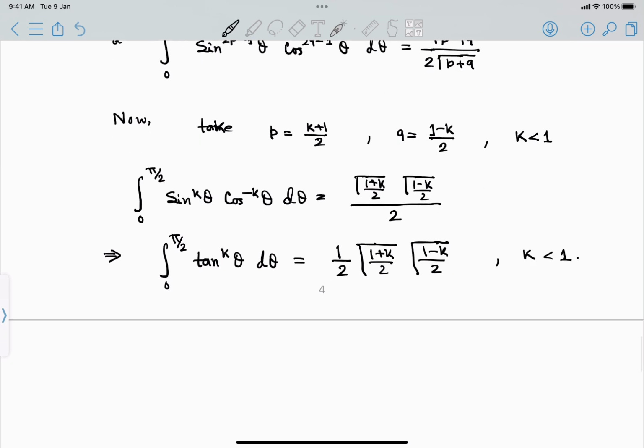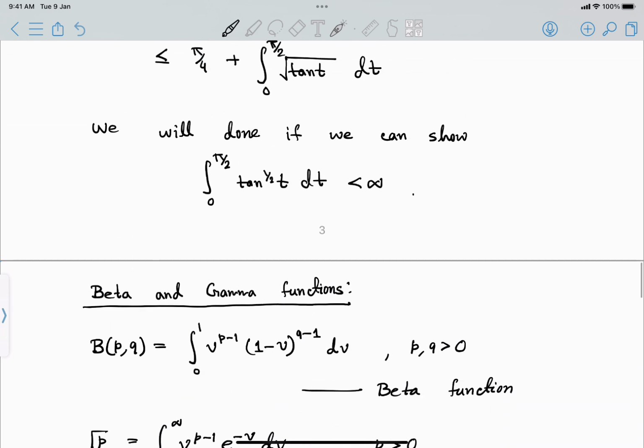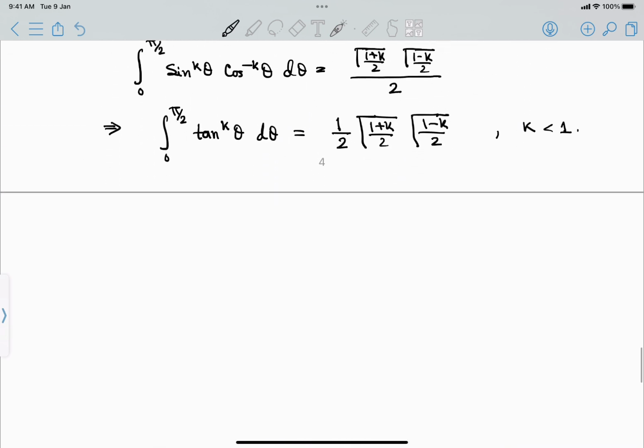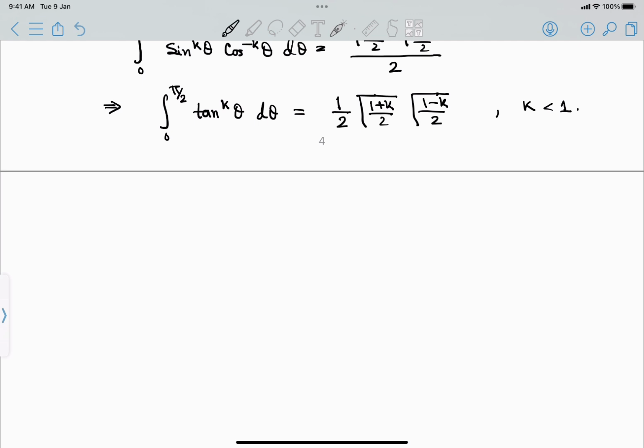So now we need tan to the power square root, tan theta, right? So put k equals half. We get integral 0 to pi by 2 tan to the power half t dt. So this is k equals half, right?